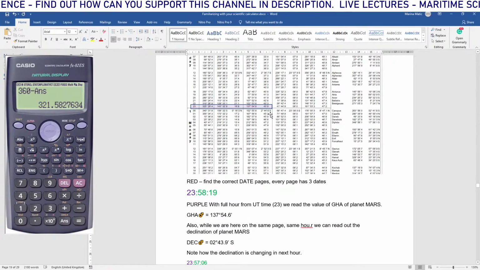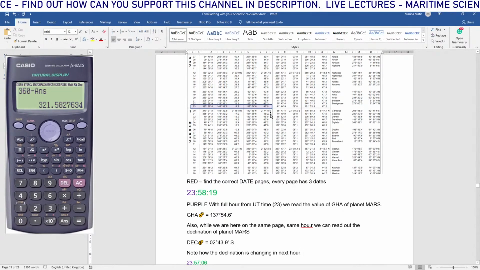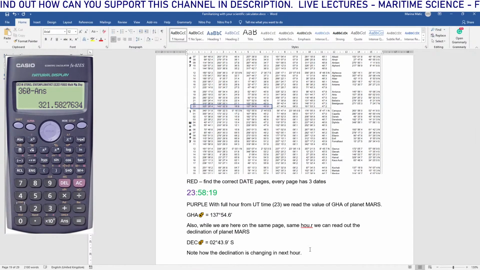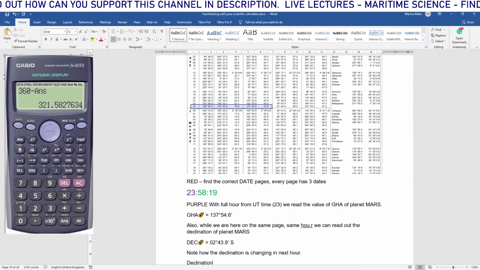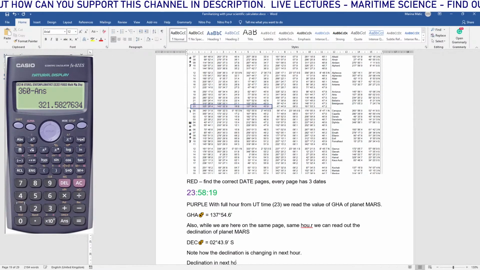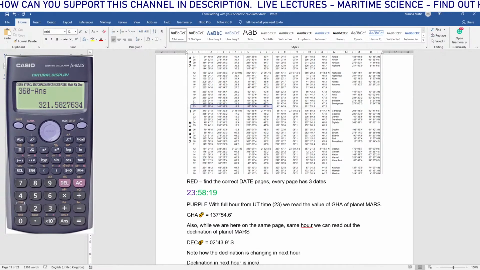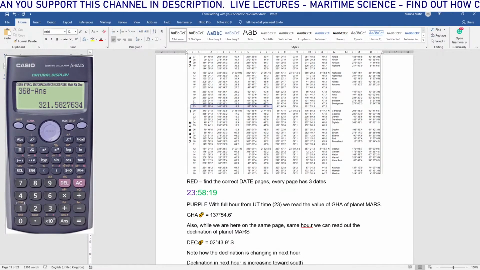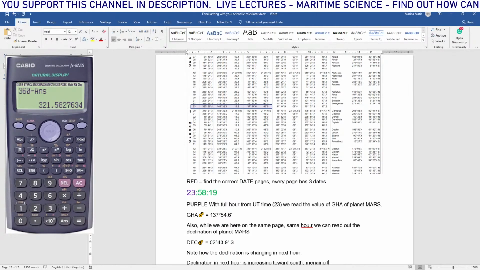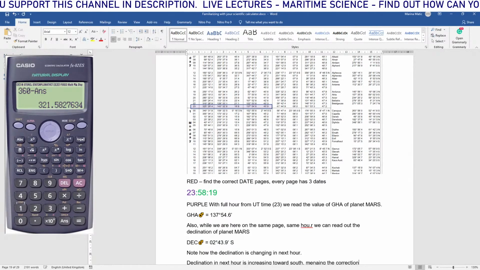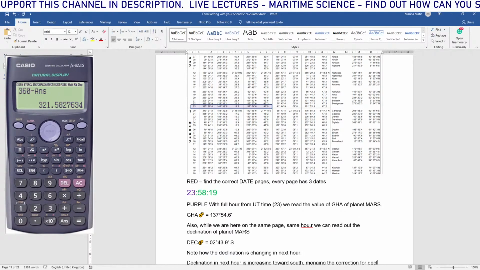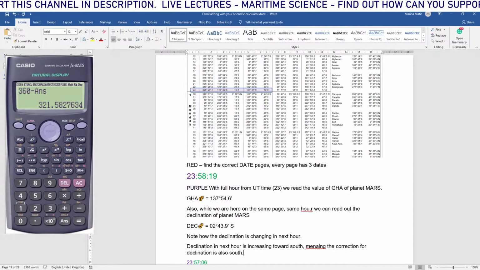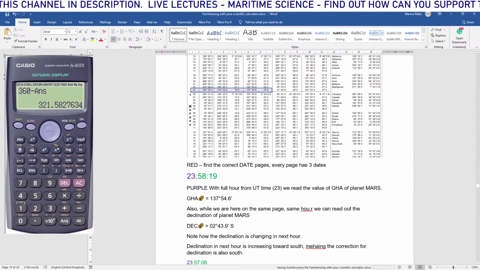So that means it's going further deep into the south. So declination in the next hour is increasing towards south, meaning the correction for declination is also south. Now we do not know the value.